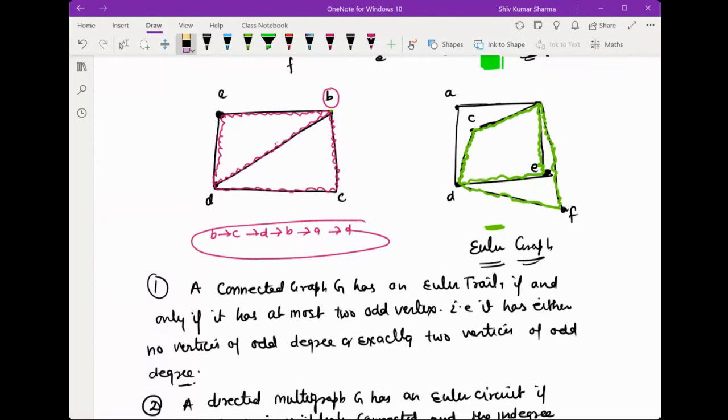So you start visiting from vertex B. When you start visiting from vertex B, first you visit this edge.